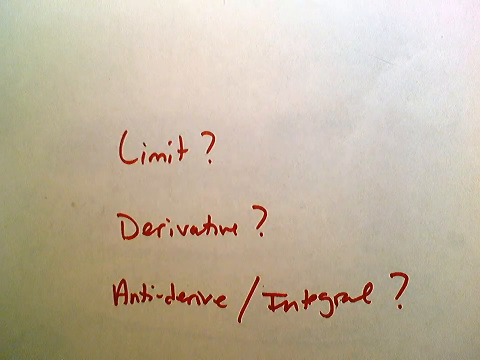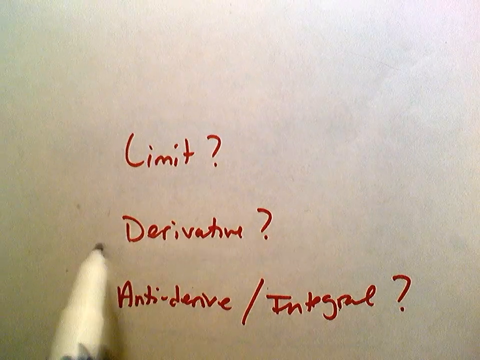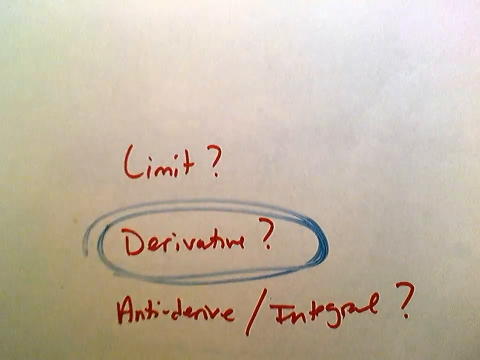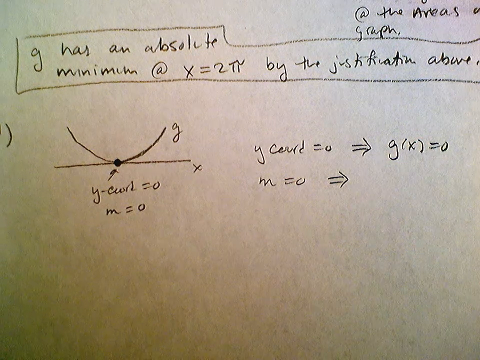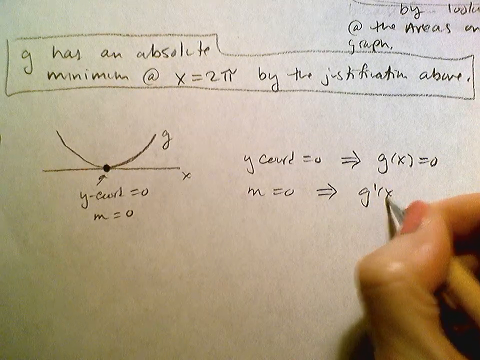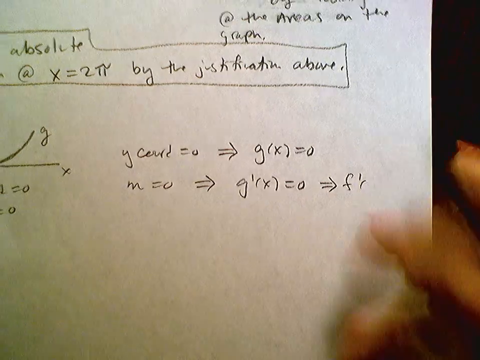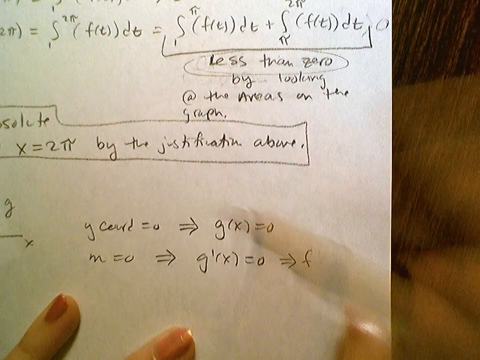Limit, derivative, antiderivative, integral. If you hear the word slope, it's derivative. All right. So if the slope is 0, then g prime of x equals 0, which would mean in this case f.